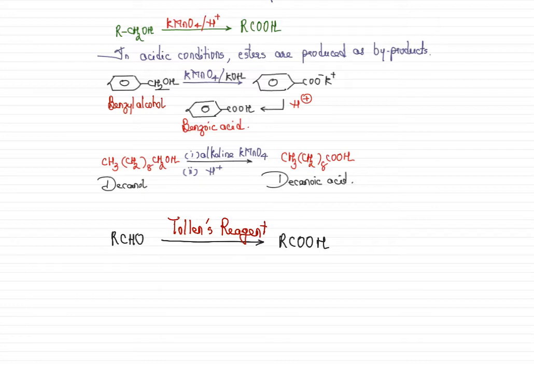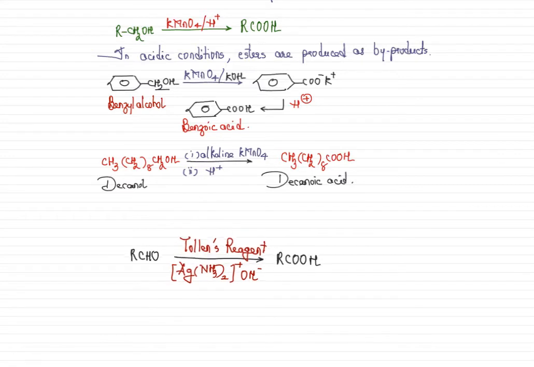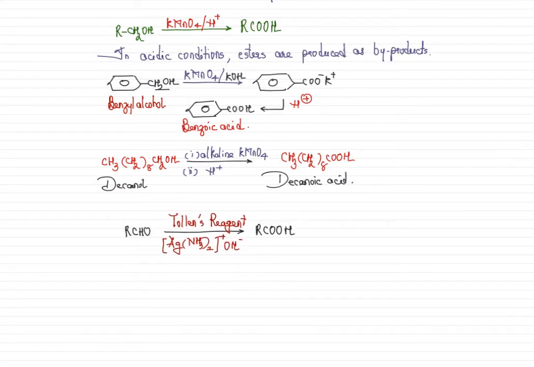Tollens reagent is nothing but Ag(NH3)2 plus and OH minus. So you can use Tollens reagent, or any one of the above mentioned conditions. All of them would lead to formation of carboxylic acid. So getting carboxylic acids from aldehydes would be quite simple.